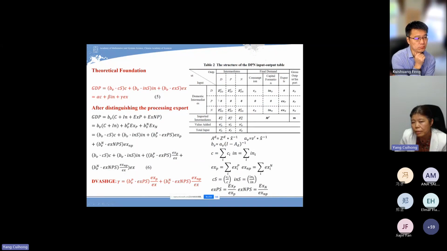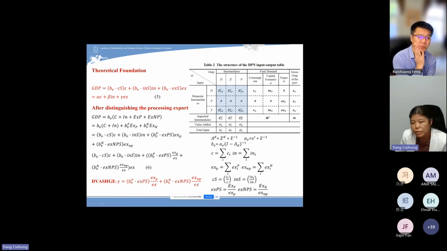This table is our work, which we have been focusing on for the past more than 20 years. This is from China's case. We distinguish China's production activity into three types.